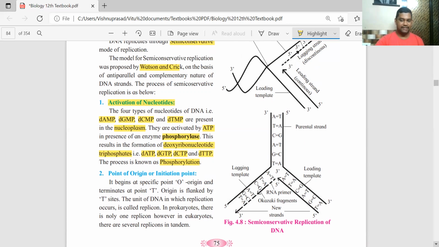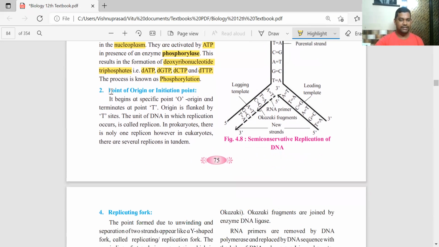Now going on to the second step, we have point of origin, also called the initiation point. That means it is decided where the DNA replication must begin. At which particular nucleotide? There are DNA क्या है base pairs है ना पूरा. तो कौन से दो बीच में begin करना है replication? That specific point is labeled as O for the origin.